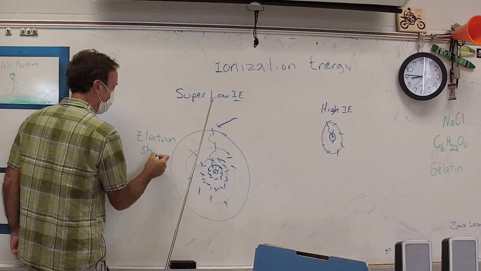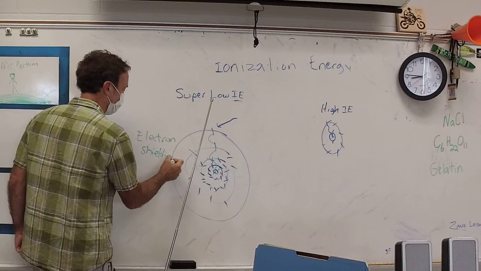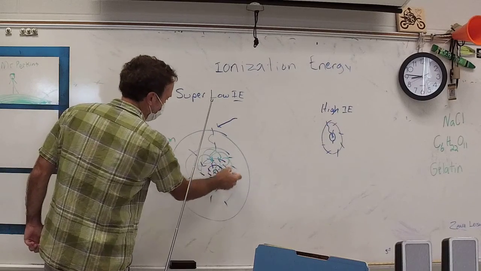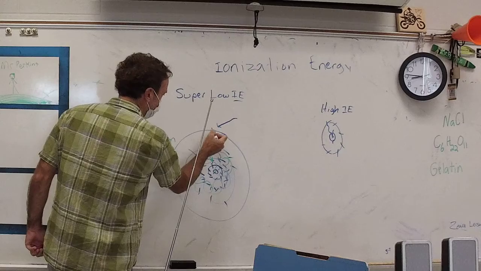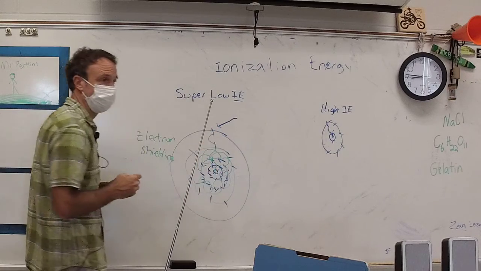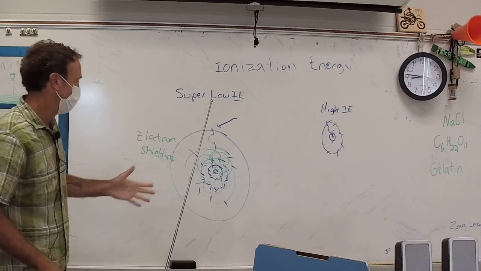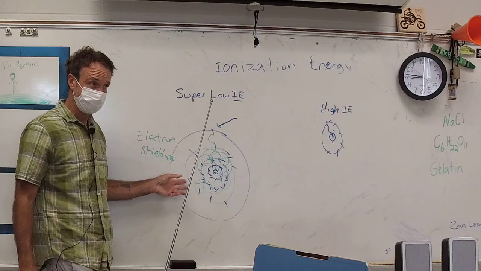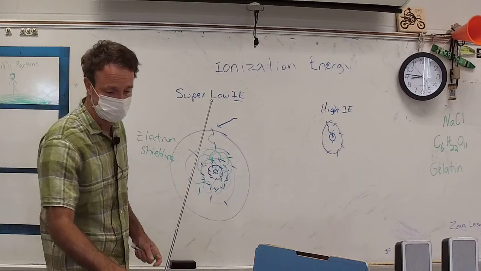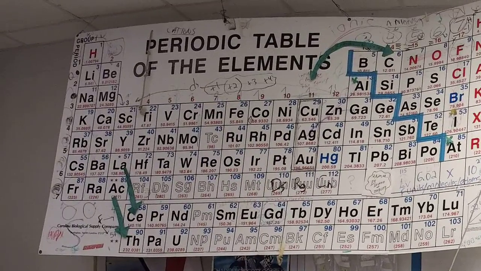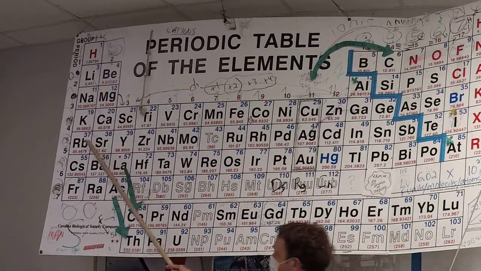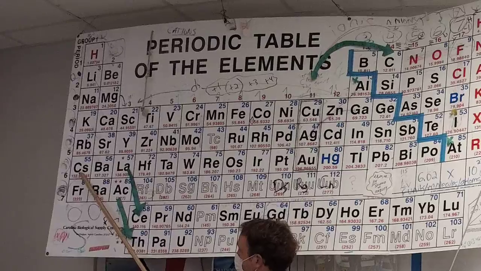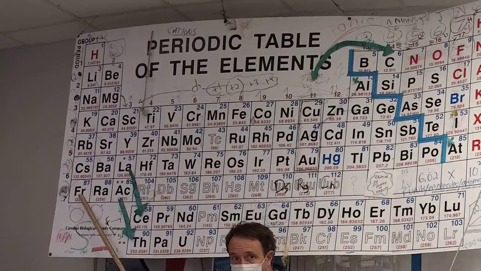And we talked about that in yesterday's lesson. These guys are getting in the way of this guy being attracted to the nucleus, right? So this is an atom. This is rubidium. And you can see where rubidium is on the periodic table. We're getting down here and cesium would be weaker, and francium would be even weaker than that, right?